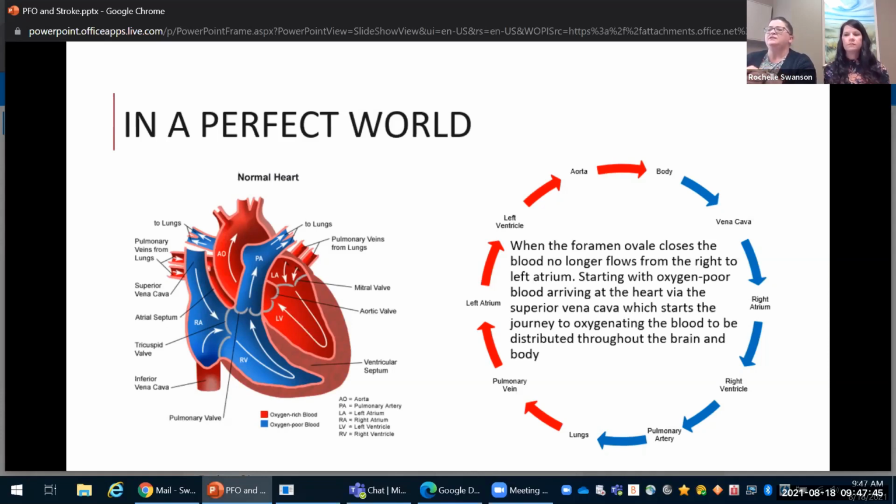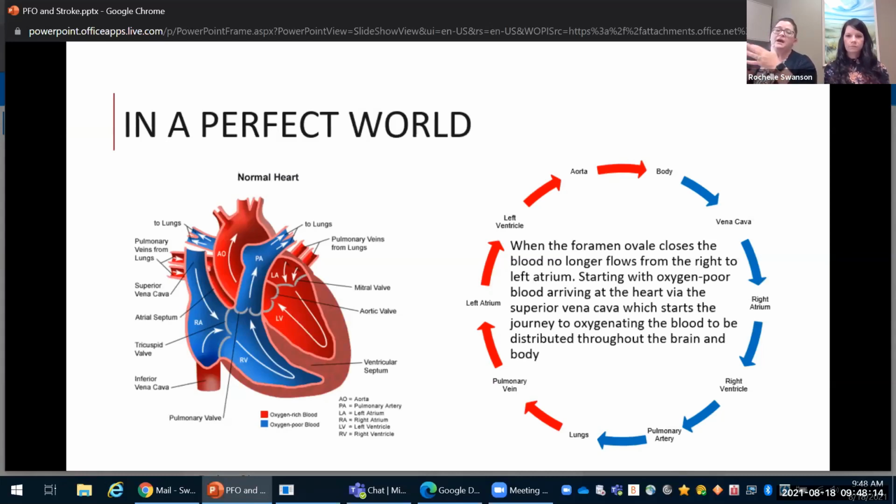And from there, into the pulmonary artery, taking it to the lungs where the blood is then oxygenated. It then comes back to the heart via the pulmonary vein to the left atrium, through the mitral valve and into the left ventricle, and then through the aortic valve into the aorta. At this point, that oxygenated blood is distributed to the brain, the heart muscle, and the body, and the cycle continues. It just goes on and on in a perfect world, and we never have any problems, right?